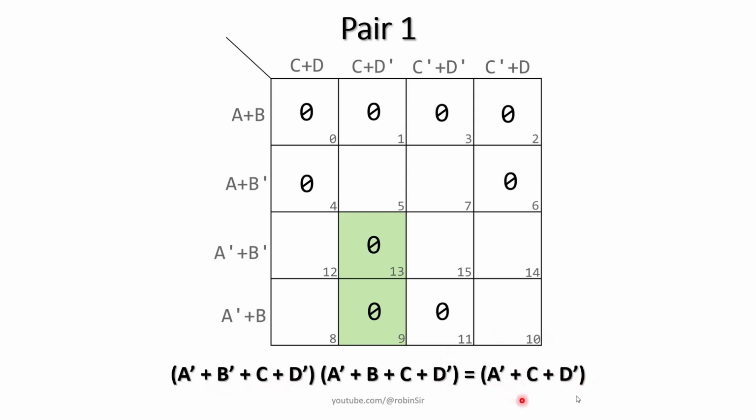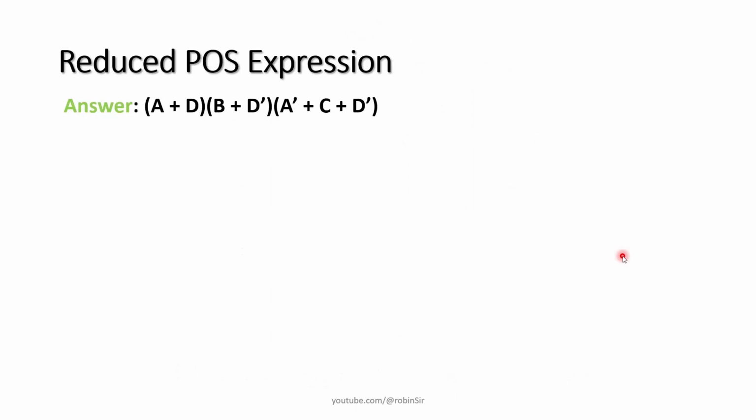And that's why this is the reduced pair value. And that's all. These are the groups that are formed. So based on this, this is our reduced POS expression: A plus D, B plus D naught, A naught plus C plus D naught. All of these terms are ANDed together. So the first part of the question is solved.